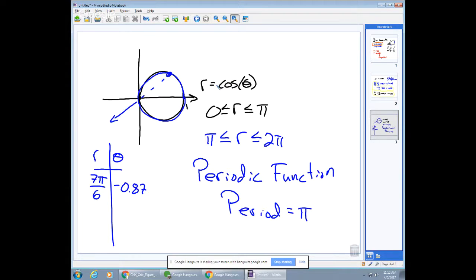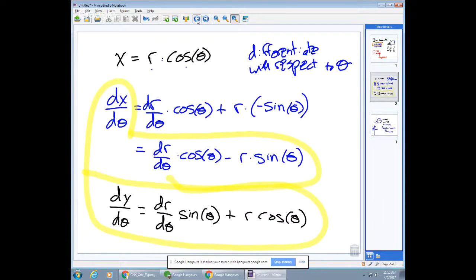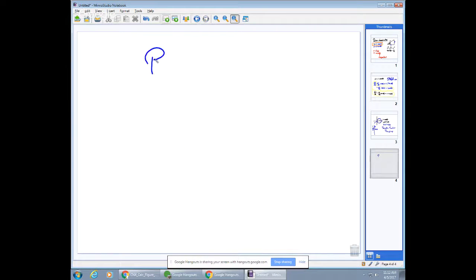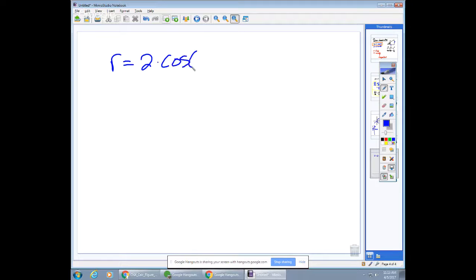So if we do a multiplier in front, like what if we looked at r equals twice the cosine of theta?